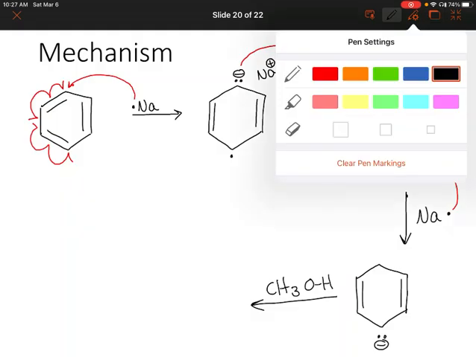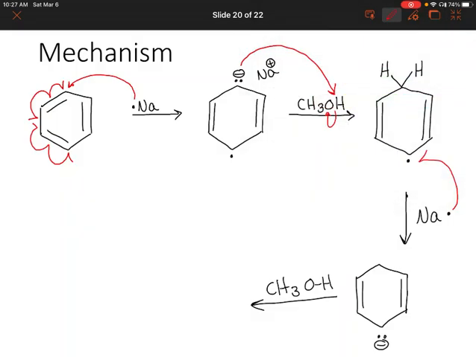And then the lone pair will grab that hydrogen from the alcohol. We'll leave electrons behind on oxygen. And finally, we get our product. So this is a really cool mechanism. And this was studied by an Australian chemist named Arthur Birch, which is why it's called the Birch reduction.